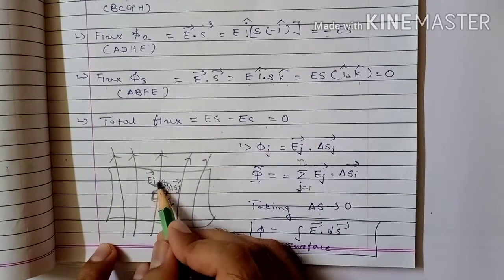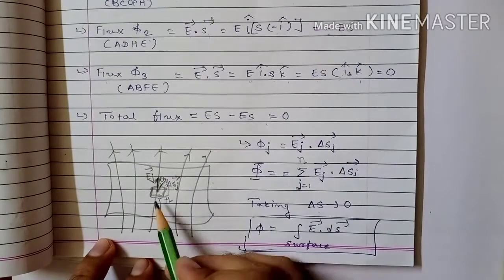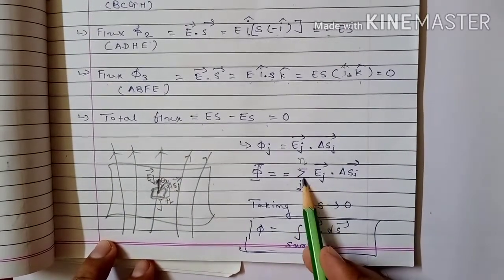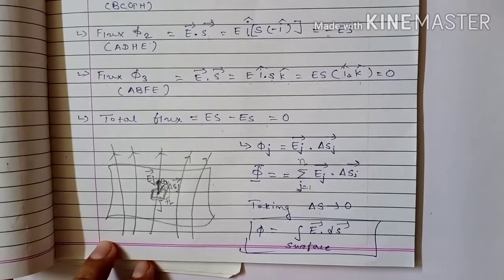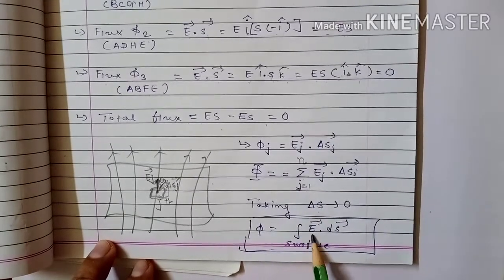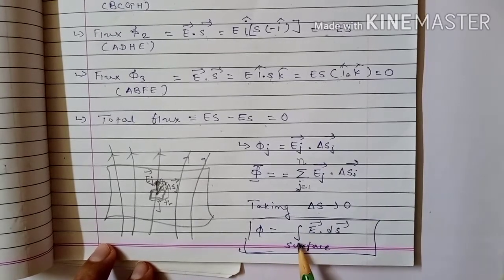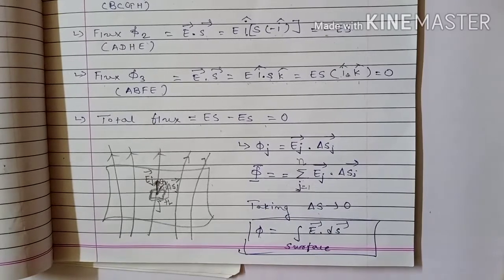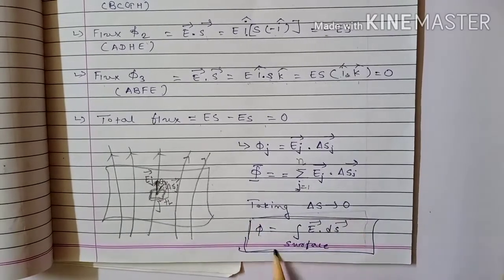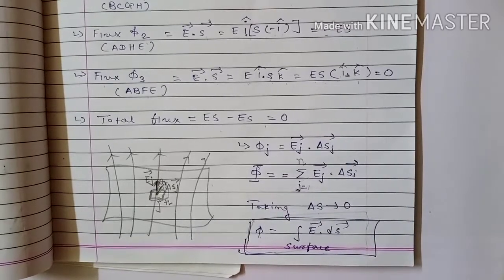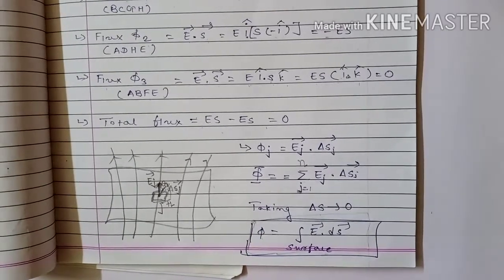It means the value of electric field will be constant for that point, and at that time total flux can be written with integration instead of sigma. So flux phi is equal to the integration of E vector dot dS vector over the entire surface. This is the final formula of electric flux. This formula is valid for any surface, for a curved surface also, for a plane surface also.